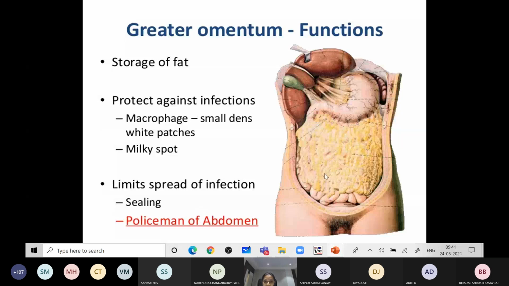Whenever any problem is there, such as fights, the policeman will go there and try to contain the disturbance. Similarly, the greater omentum, whenever any infection is there, moves to that area and tries to seal it. That's why it is called the policeman of the abdomen.